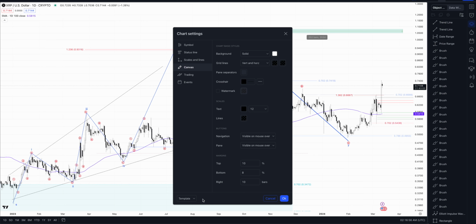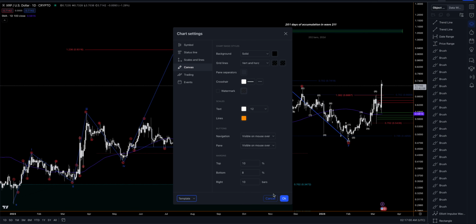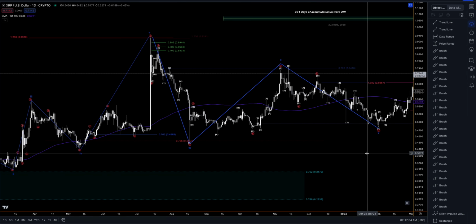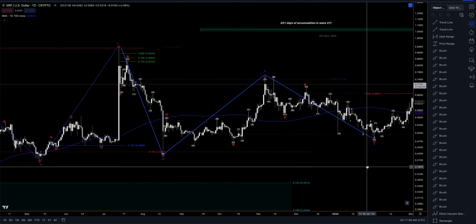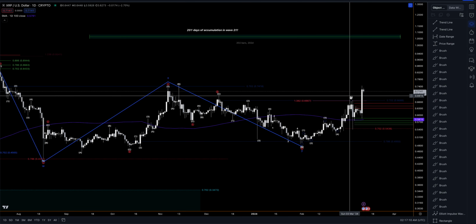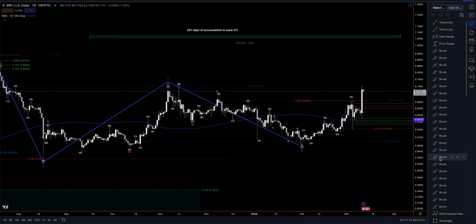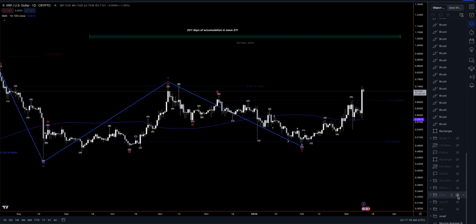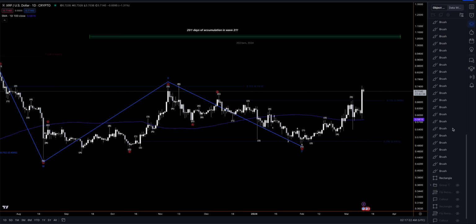So if we take a look at this on this black chart that I have here, we can see that we're starting our impulsive structure to the upside. And if we zoom in over here, let me zoom in.